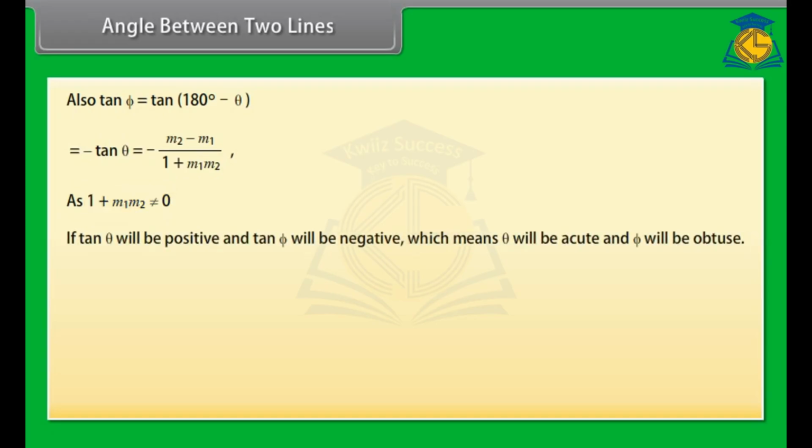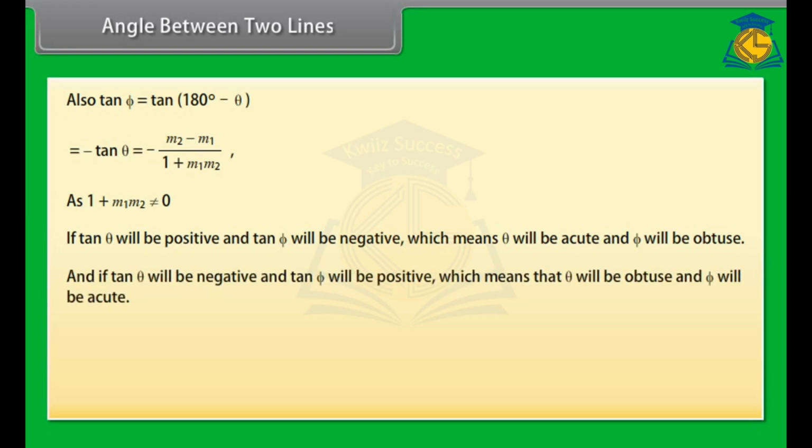If tan theta is positive and tan phi is negative, it means theta will be acute and phi will be obtuse. And if tan theta is negative and tan phi is positive, it means that theta will be obtuse and phi will be acute.